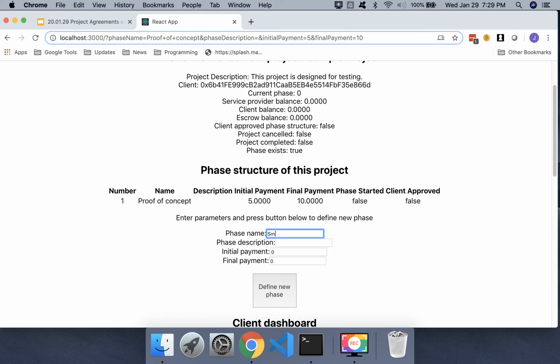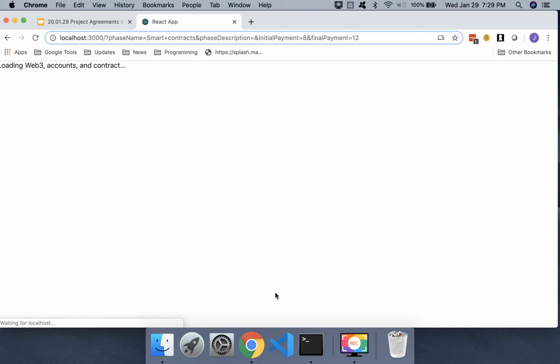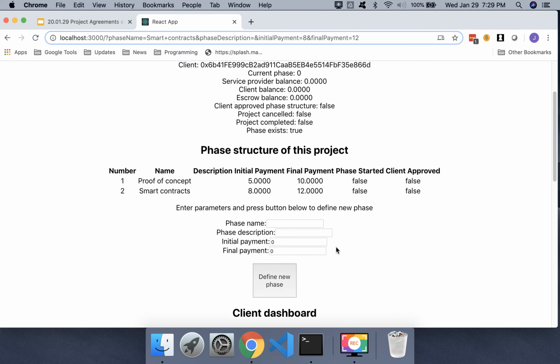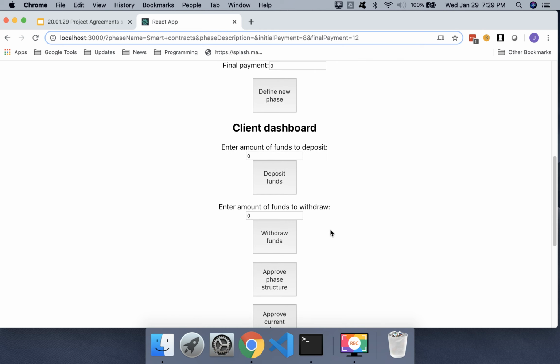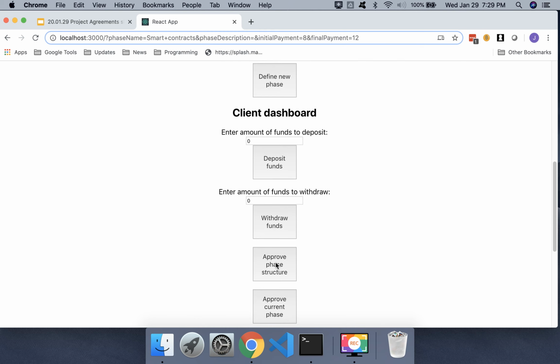We'll call it smart contracts, and we'll make the initial payment 8 ETH and the final payment 12 ETH. So now we've got two phases defined by the service provider, and now it's up to the client to approve this phase structure. So we'll go to the client dashboard, and the client will approve the phase structure.